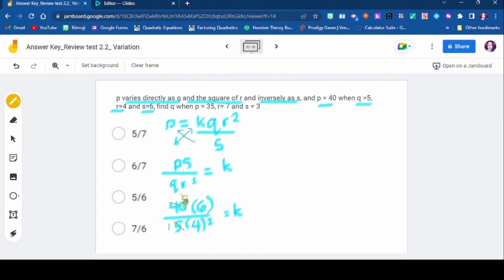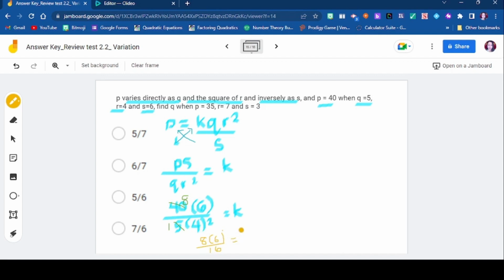Or shall we say, this is much better if we rewrite. So, let's rewrite first. 8 times 6. Then, 4 squared is 16, right?